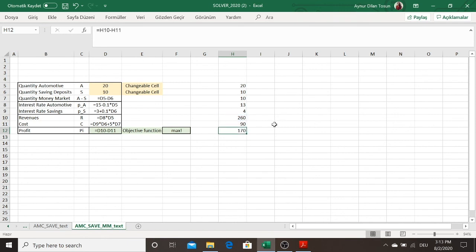Now we have 170. The mindset here is that you are just writing some values, the things that you want to write. I just give 20 and 10 here, and based on the functions on the quantity, money market, and interest rate for automotive and savings, we end up with these values.